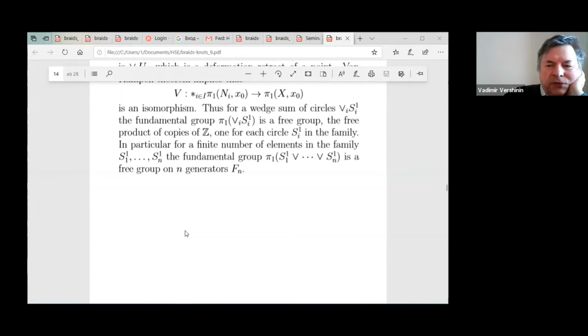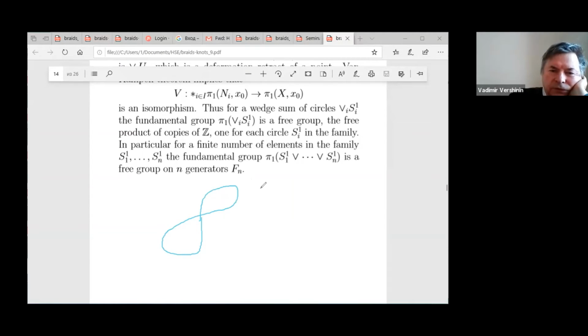Maybe I give an example. Let us consider this object, which is a bouquet of circles, right?